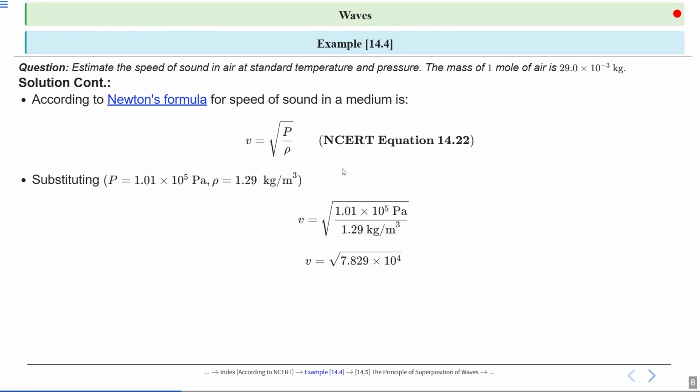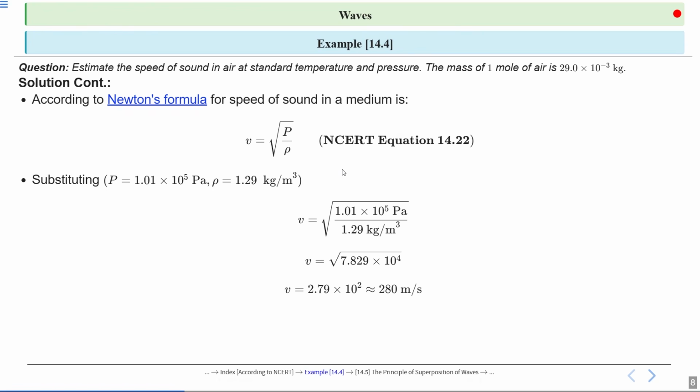So when we carry out the division inside the square root, we get 7.829 into 10 raised to the power 4. So taking the square root of 7.829 into 10 raised to the power 4 gives us approximately 2.79 into 10 raised to the power 2, or about 280 meter per second.